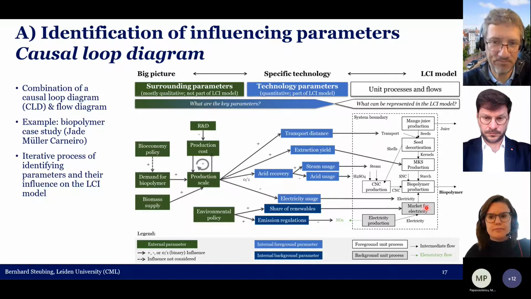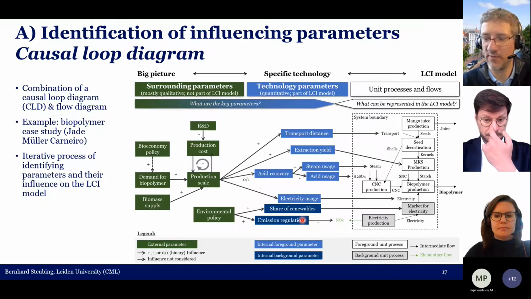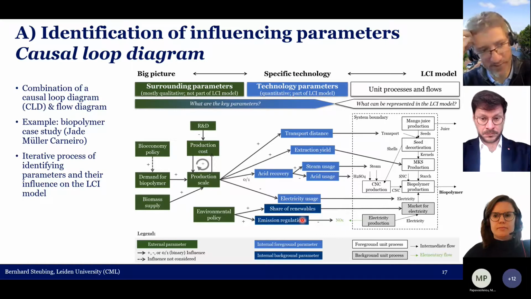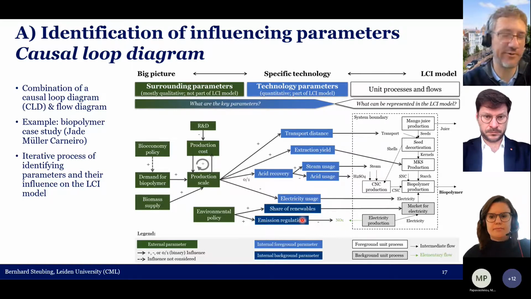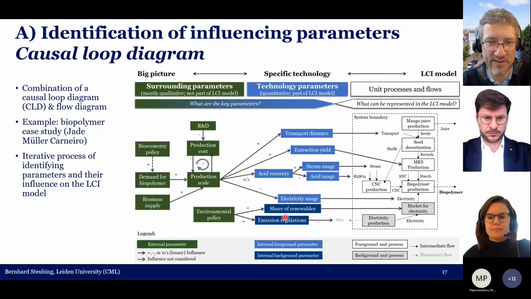And then you can also see that we have two shades of blue. We also have a darker blue, and that is already in view of the thinking that we may have also background scenarios available. So certain factors like the share of renewables may be modeled via background scenarios.